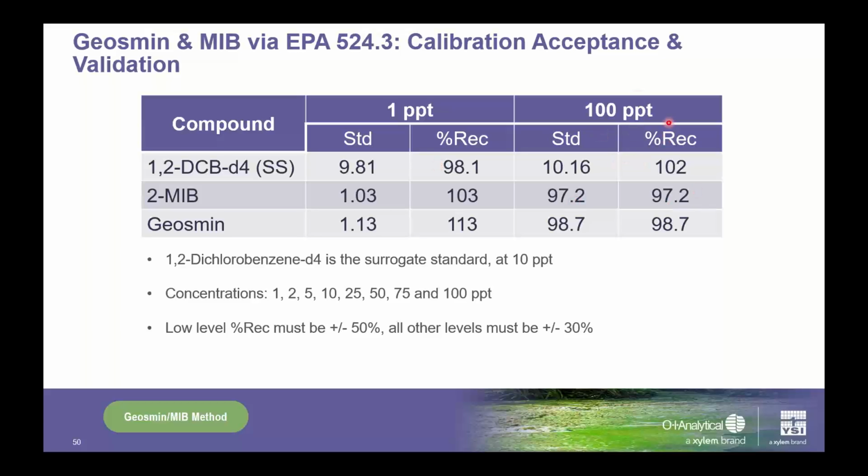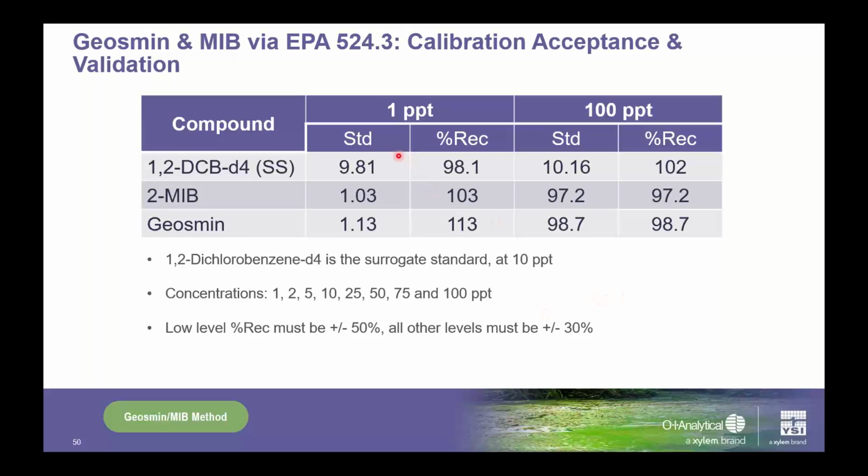On the high end, which in our case was 100, you have to have at least 30%. And so you can see that we very, very easily met those recovery criteria for this method, and also really nailed the standard concentrations.